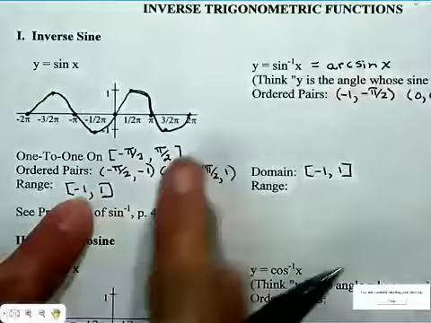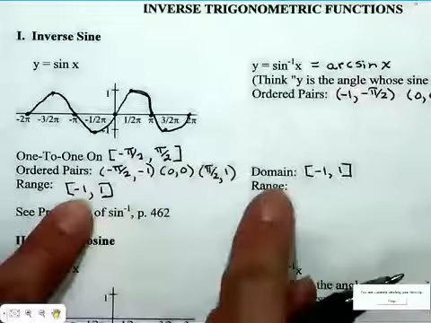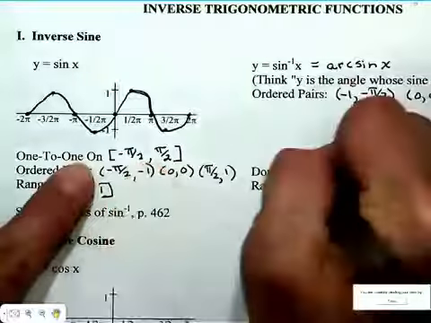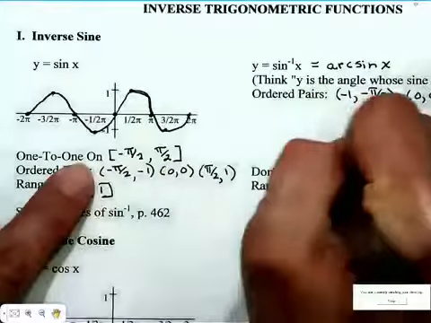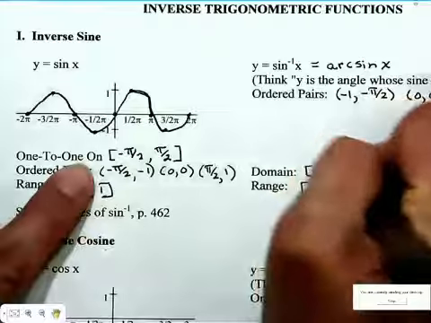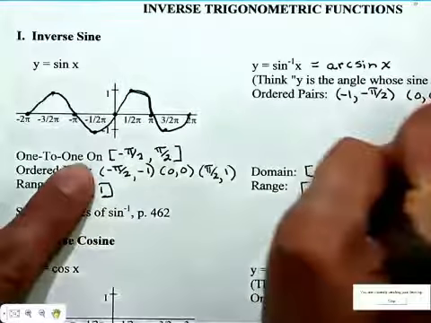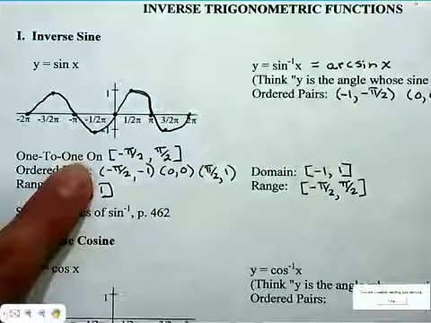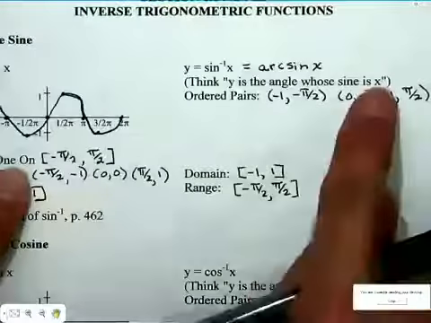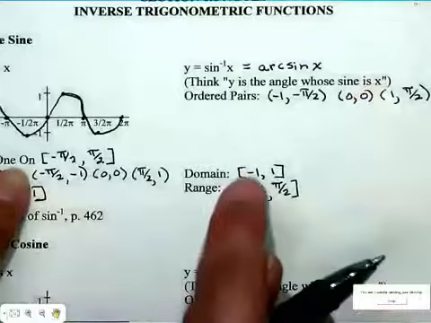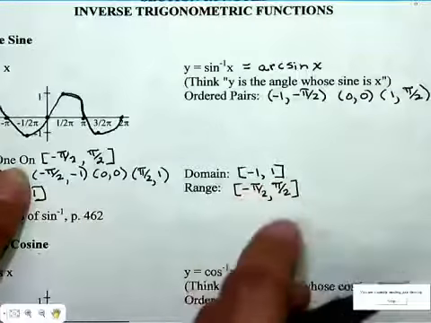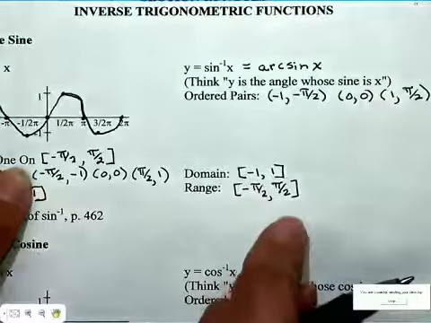And the range of inverse sine is going to be this restricted domain that we used for sine, -pi/2 to +pi/2. So to graph arc sine of x, we just need the -1 to 1 on our x-axis and the -pi/2 to +pi/2 on the y-axis.